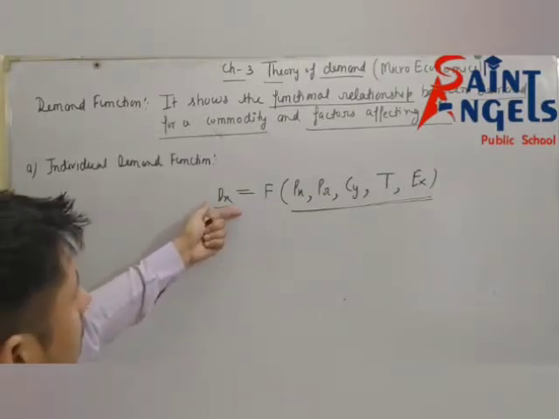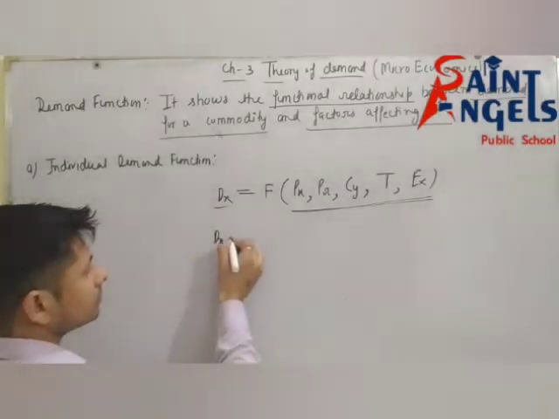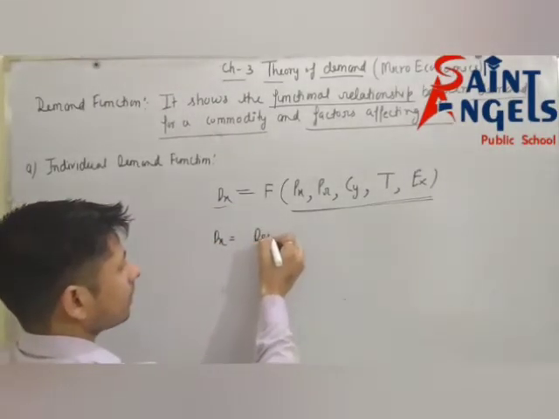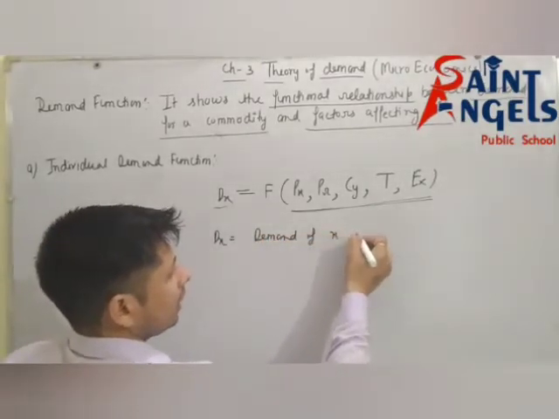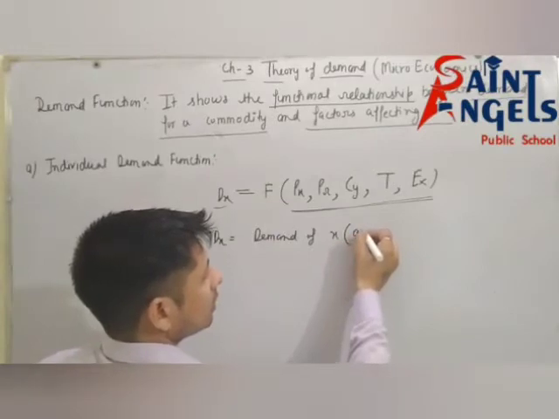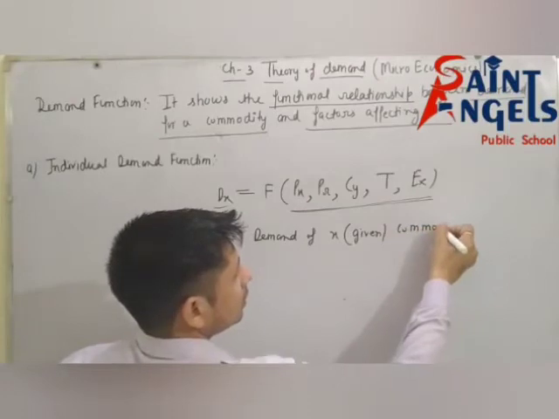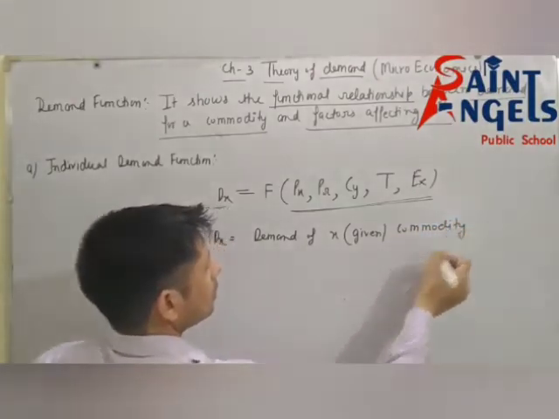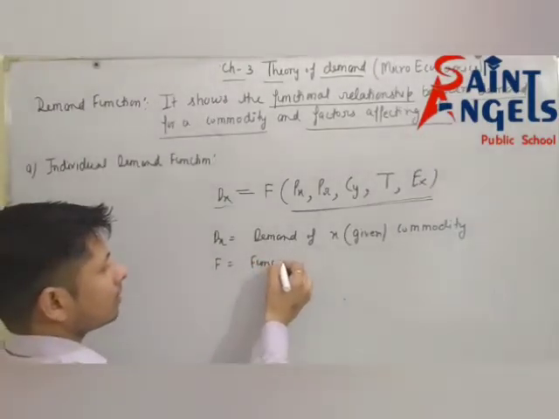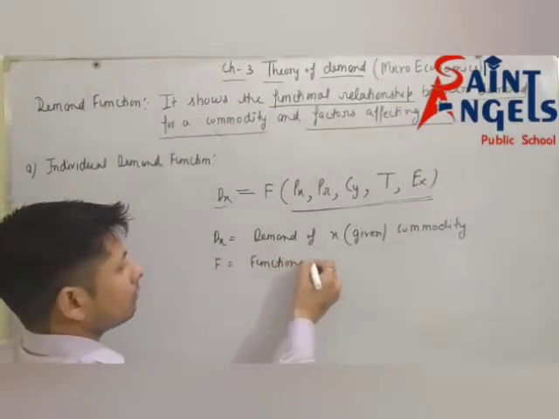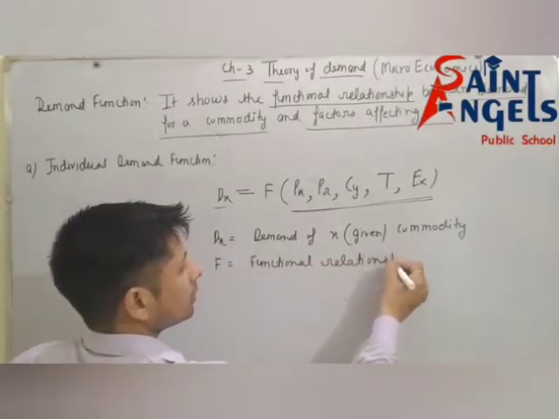I am taking here demand of X commodity. What is Dx? Demand of X, or you can say given commodity. F means functional relationship.